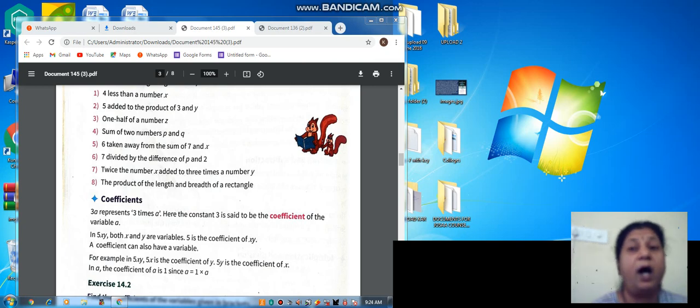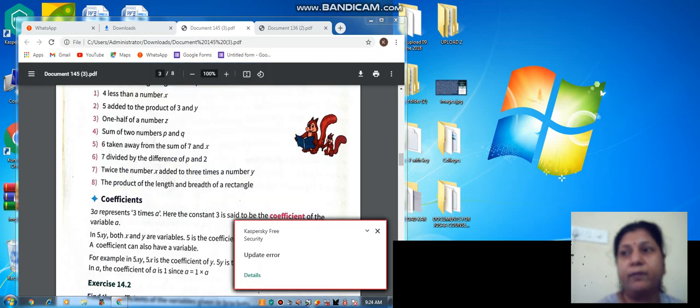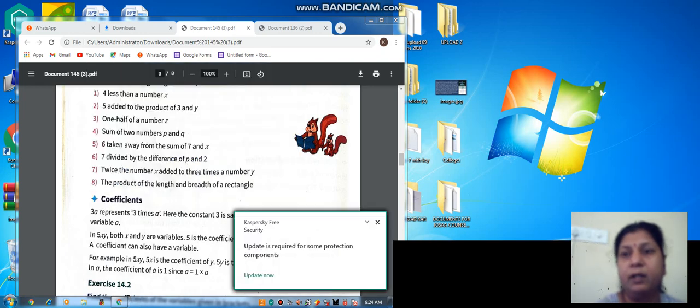Listen carefully: in 5xy, if I ask what is the coefficient of xy, then it is 5. Okay, fine, understand up to this? If I ask what is the coefficient of y, then it is 5x. If I ask what is the coefficient of x, then it is 5y. Everyone remember these things.